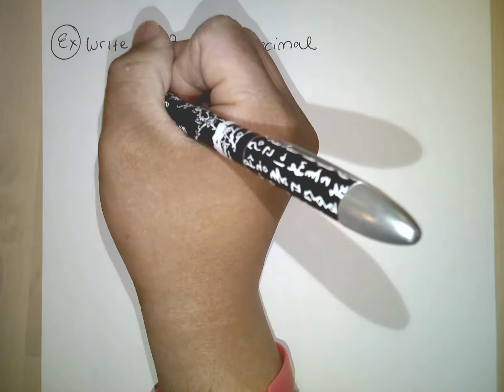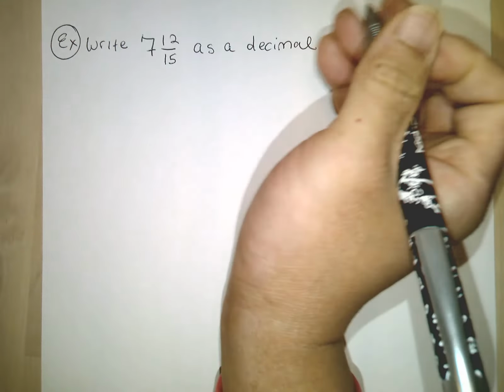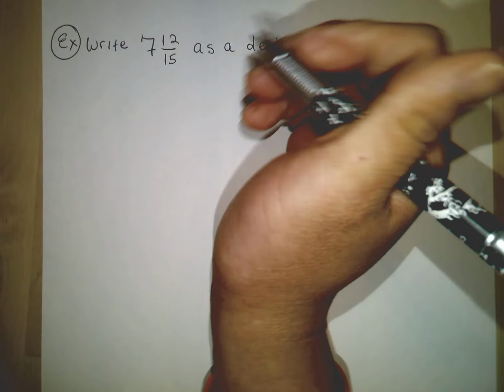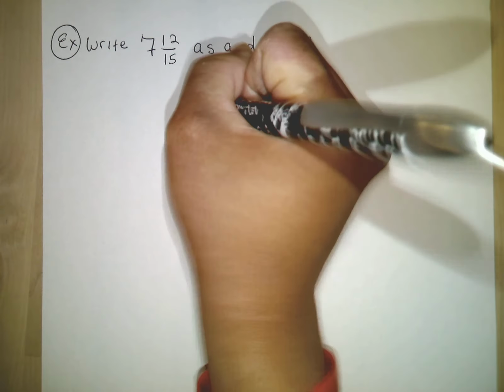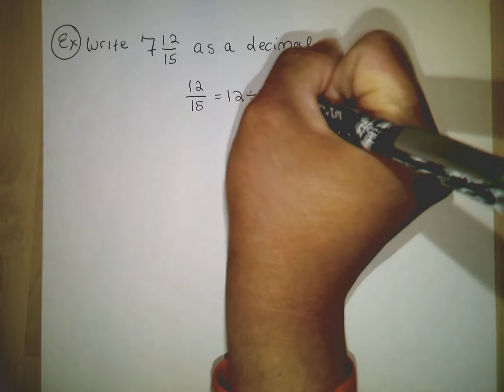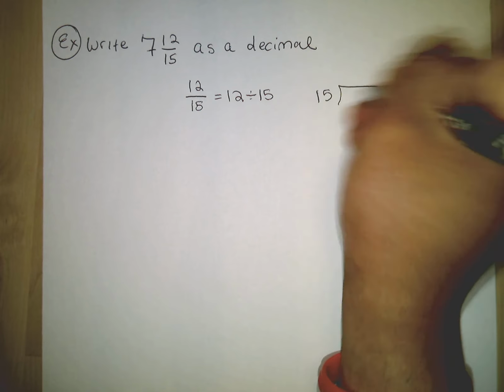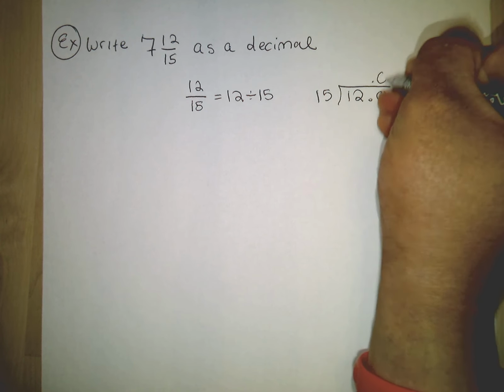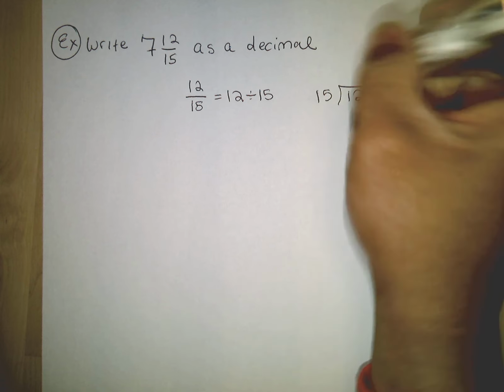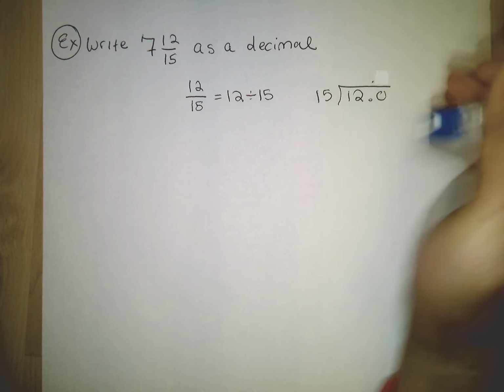So we know it's going to be 7 and point whatever 12 divided by 15 is. So 12 divided by 15 means how many times does 15 go into 12? Well, 15 doesn't go into 12, so I'll add the decimal here.